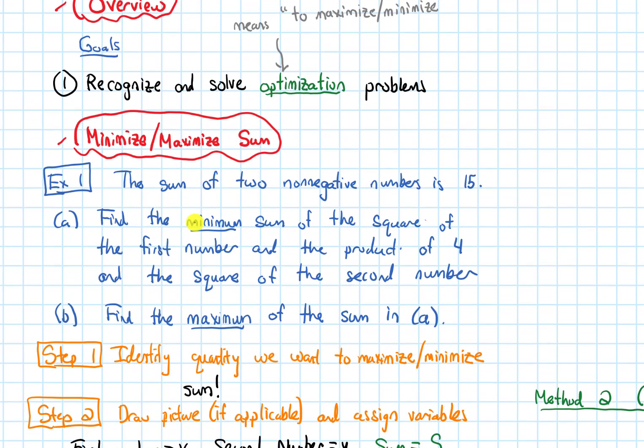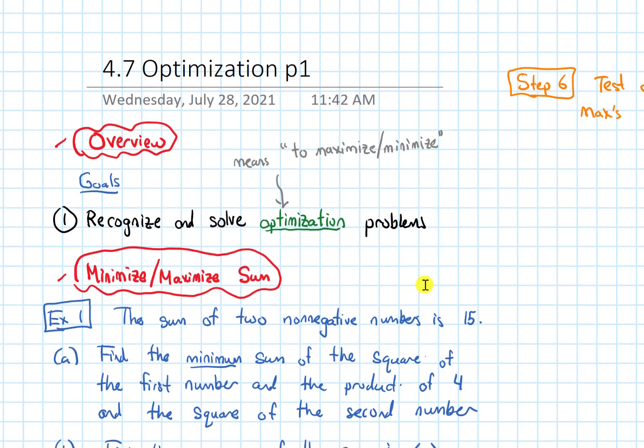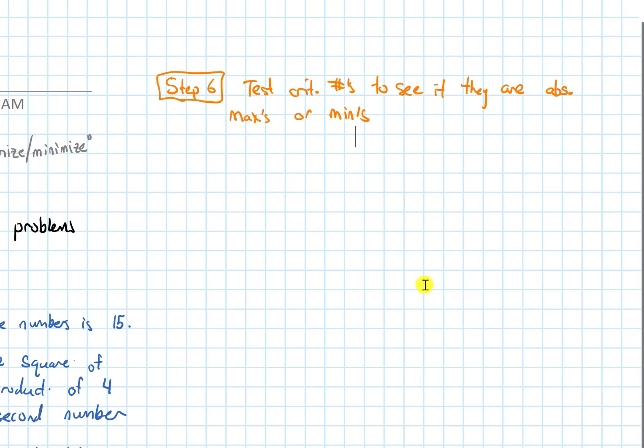In this problem, when it said find the minimum sum, and then part B said find the maximum sum, it didn't specify whether it means local or absolute. When a problem just says find the minimum or find the maximum, it means absolute. It means the very smallest value of the sum, or the very biggest value of the sum. So in this problem, we are finding absolute mins and absolute maxes.